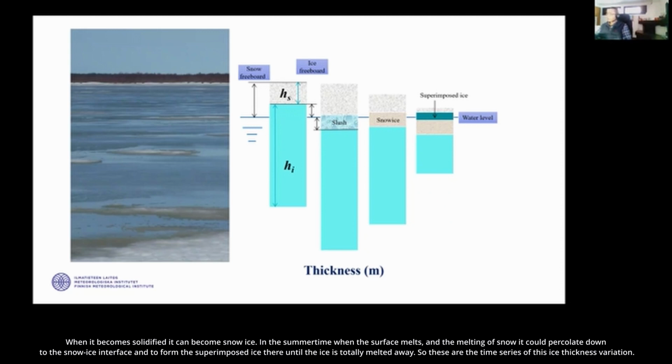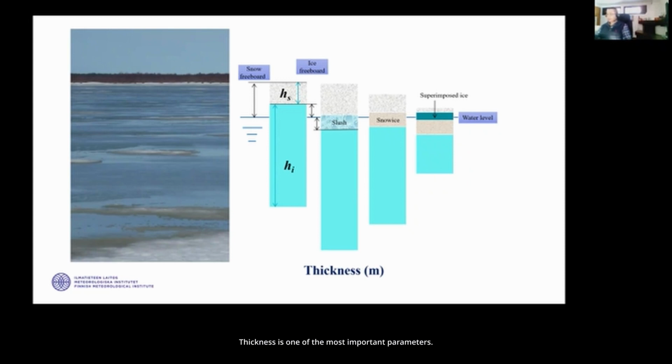In the summertime, when the surface is melting, the melting of snow can percolate down to the snow-ice interface and form superimposed ice there, until the ice is totally melted away. So this shows you the time series of this ice thickness variation. So thickness is one of the most important parameters.